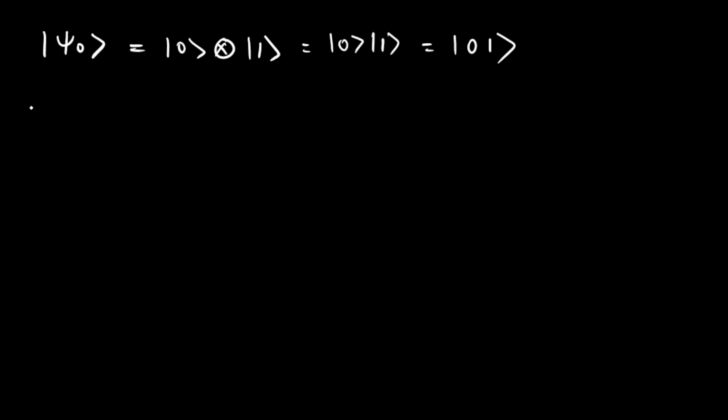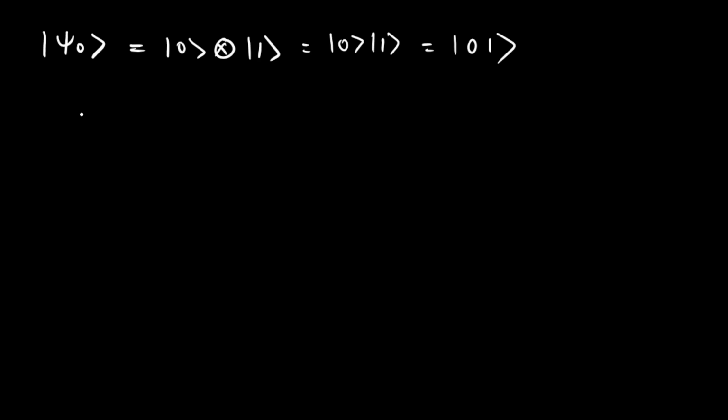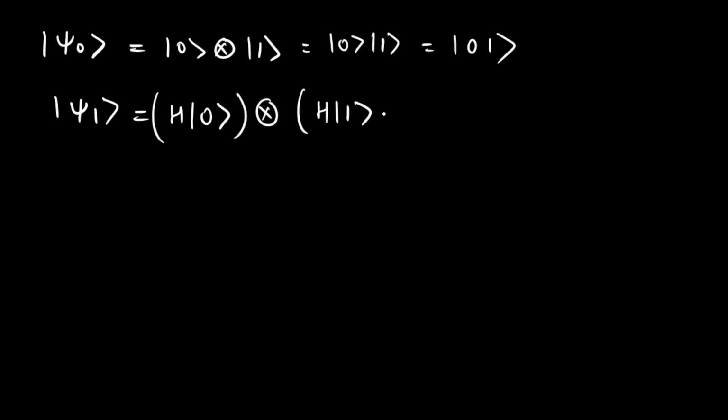Similarly, psi 1 is the tensor product of the two states obtained when we operate the Hadamard gate on the |0⟩ state and the Hadamard gate on the |1⟩ state. So psi 1 can be written as H|0⟩ ⊗ H|1⟩.